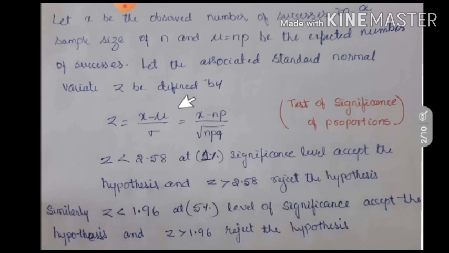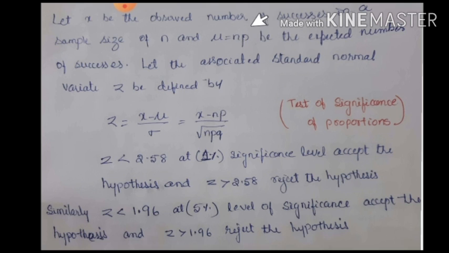Based on the different data available, we calculate the Z quantity. Now here comes the condition called test of significance of proportions. Proportions here means, if sample size n is more than 30, and x is the observed number of successes, and the mean of expected number of successes, that is mu, equals n into p.